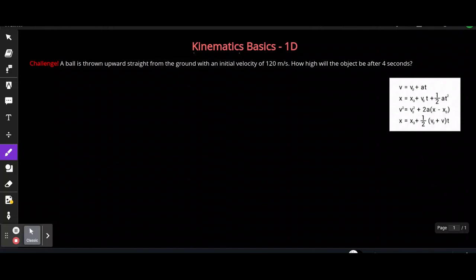We can solve these problems because we know the constant acceleration of Earth is 9.8 meters per second squared. Physicists often define up as positive and down as negative, and because Earth's gravity pulls down, sometimes g will be defined as negative acceleration.